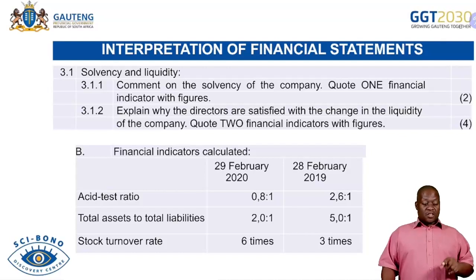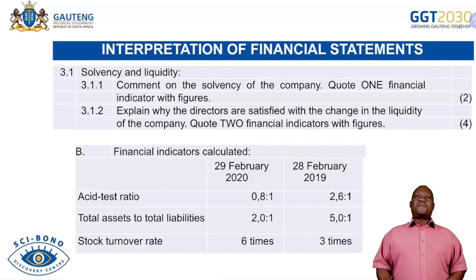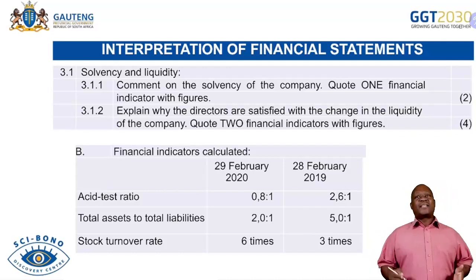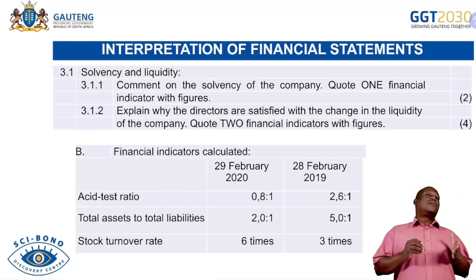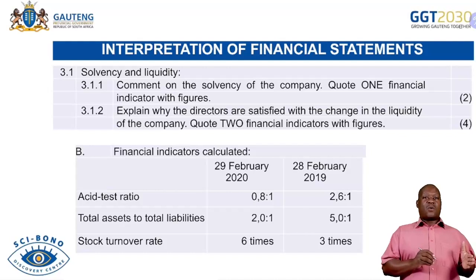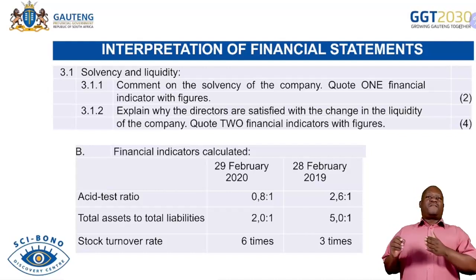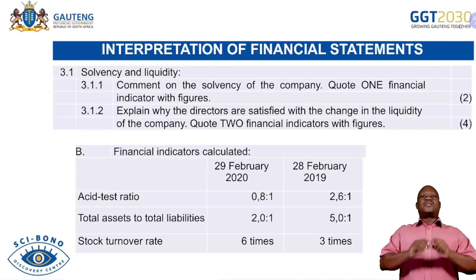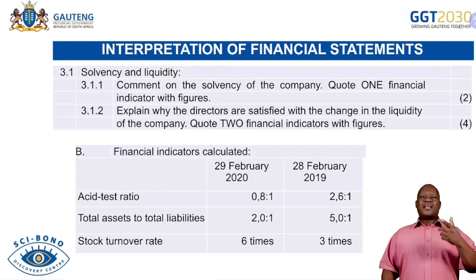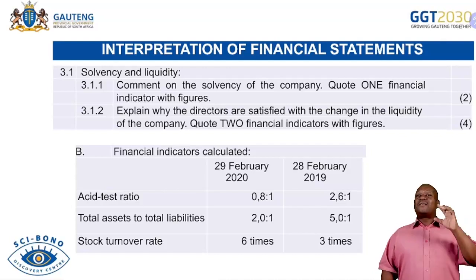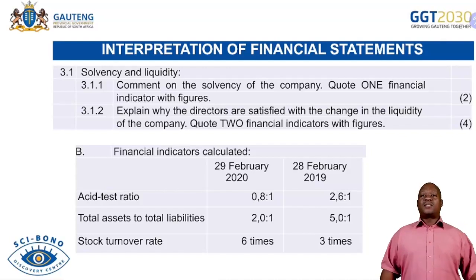Now, you are required to look into the first one, 3.1, which says solvency and liquidity. So it is guiding us on what we are going to look into. If I am you and I'm in the exam and they say solvency, I already know what I am looking into. Remember, it's our total assets versus our total liabilities. And at the back of my mind, I already remember the 6 liquidity ratios because there are only 6.